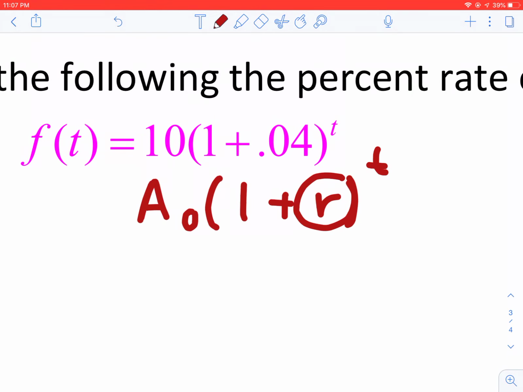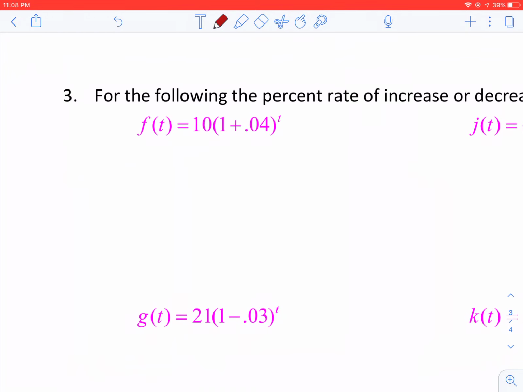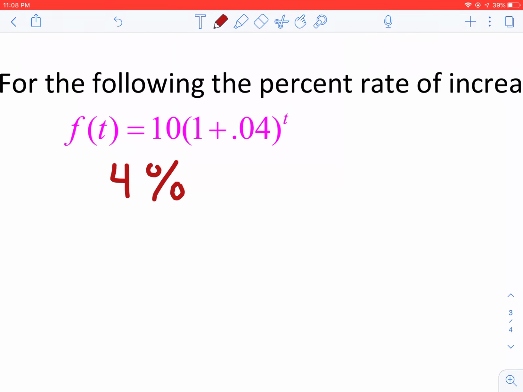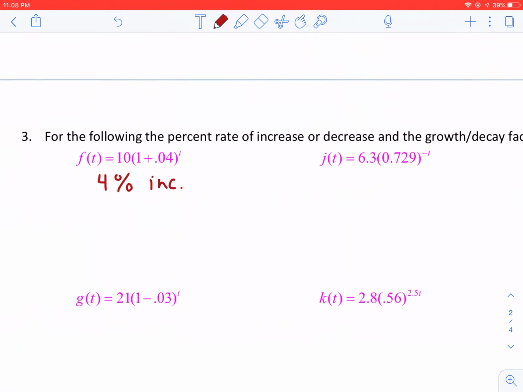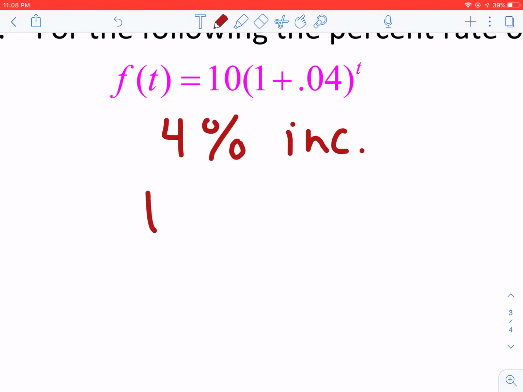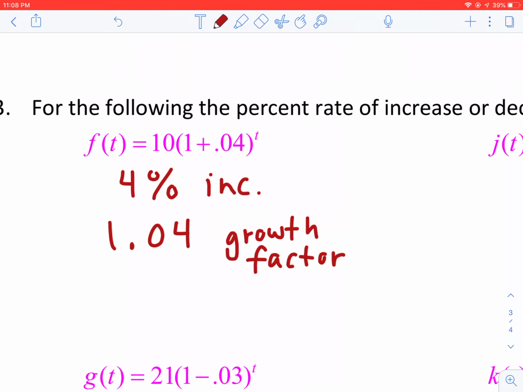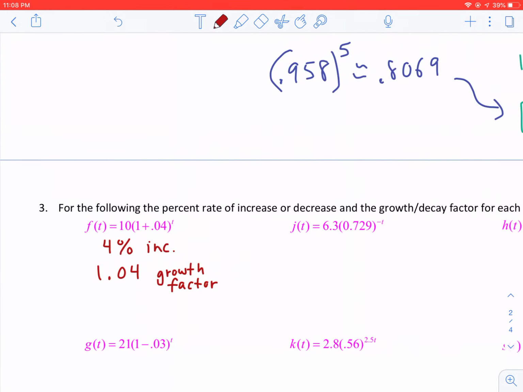In this case, r is positive, so that's our rate of increase. And what's the growth or decay factor? If we have a 4% increase, our growth factor is 1.04. That is what we're multiplying by. Growth factor, and 4% increase or 4% rate of growth.